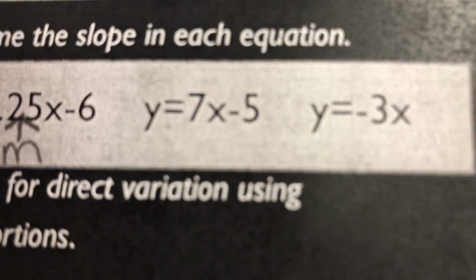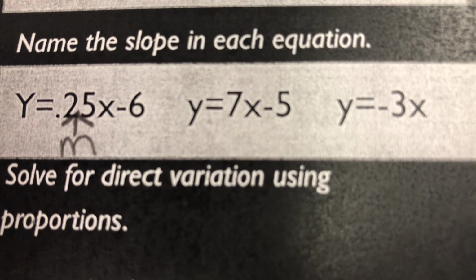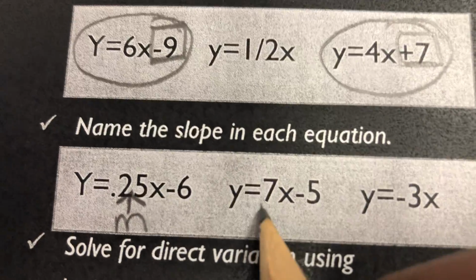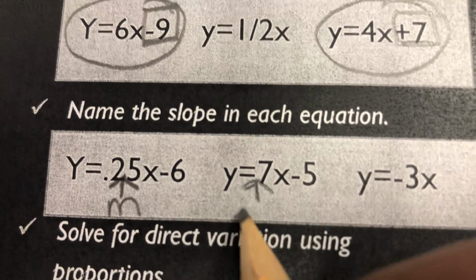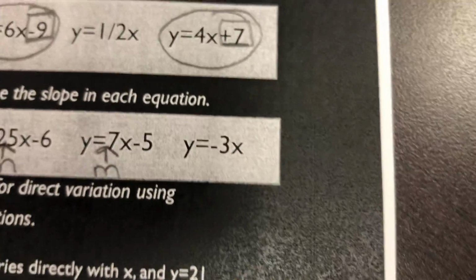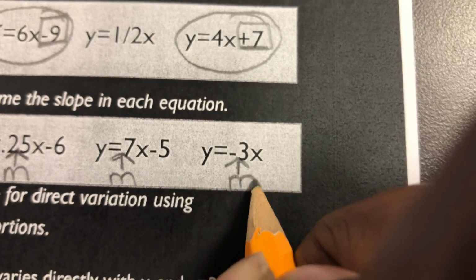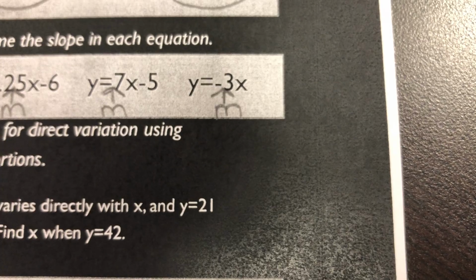What about for this middle one? It's going to have to be the 7. And for this last one right here, where it says y equals negative 3x, it's got to be this negative 3. All right.